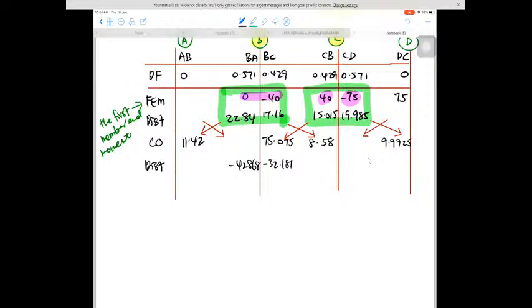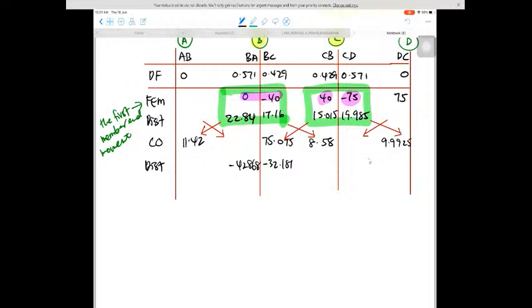We may check the value. The total must be 0. It is 75 minus 42.868 minus 32.181. We get 0.05.